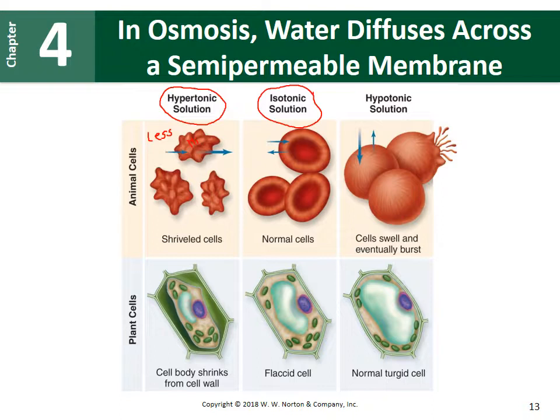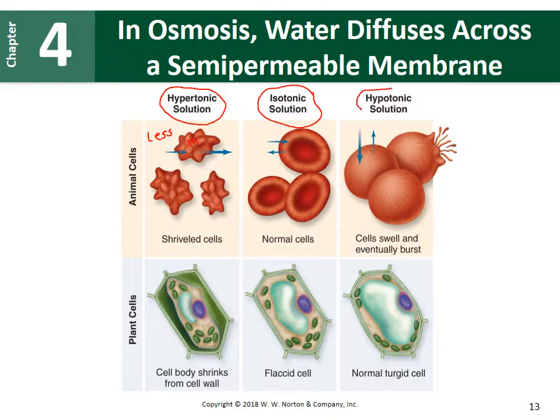That means water will flow out. Water is going to go from high concentration in the cell to low concentration out of the cell. In a hypertonic solution, when water flows out of the cells will shrivel. And we see that in our animal cell at the top and our plant cell at the bottom. They're both shriveled in this hypertonic solution.